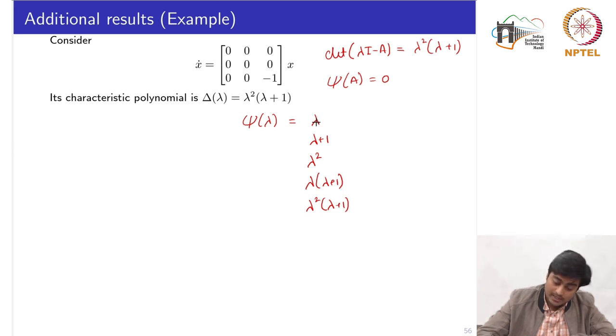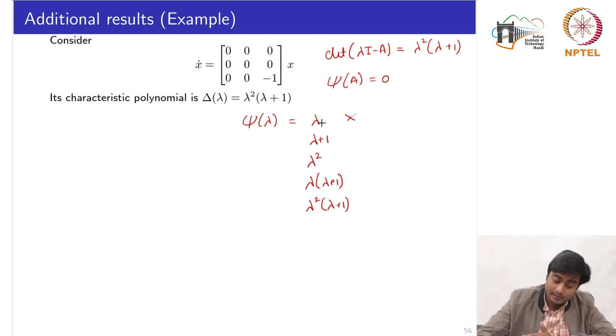So if we replace lambda by A, we know that A matrix is not a 0 matrix. So this cannot be a minimal polynomial. Similarly, lambda plus 1, if I put A and plus 1, it cannot be considered as the minimal polynomial, because we are considering only the minimal polynomial where we have lambda equal to 0.